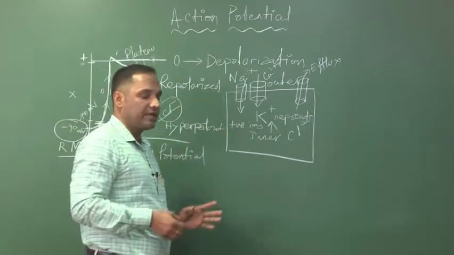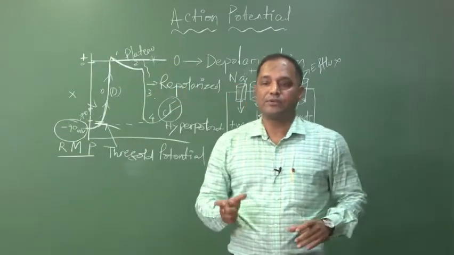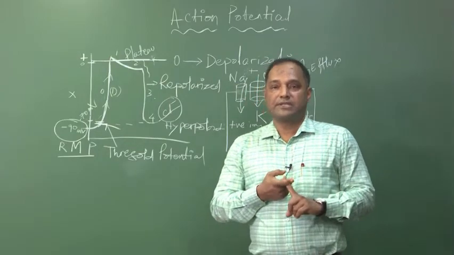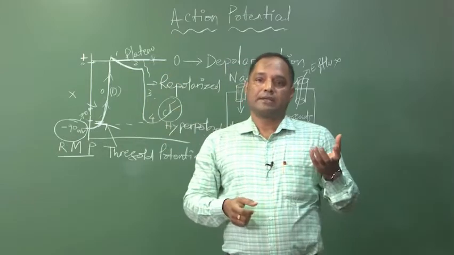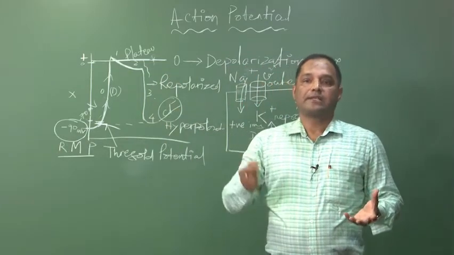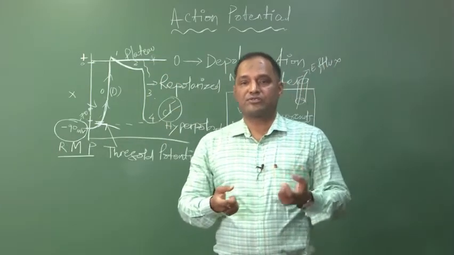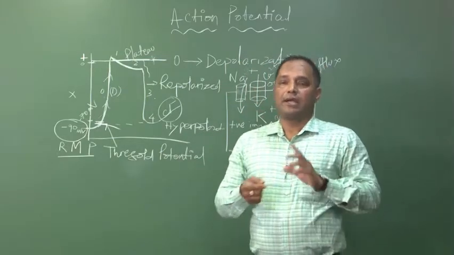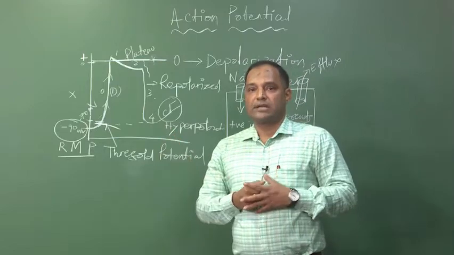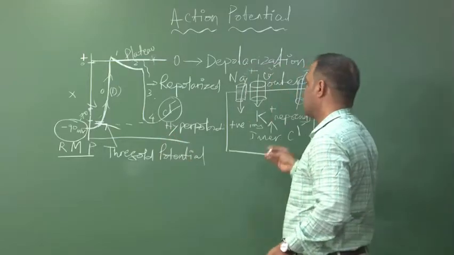Hyperpolarization involves something like the chloride channel. It has a big role in destabilizing those repolarizations, and chloride tends to flow from the outer side to the inner side and make the cell negatively charged.